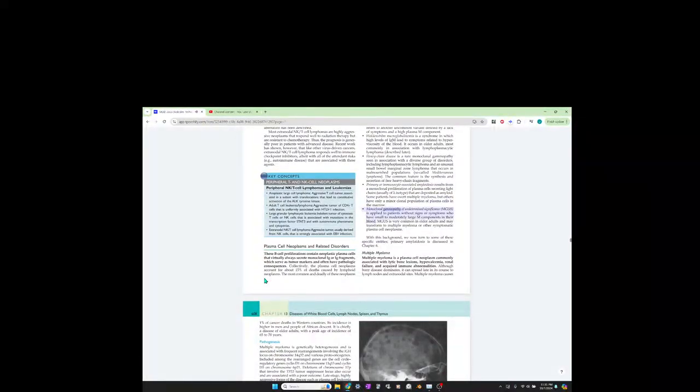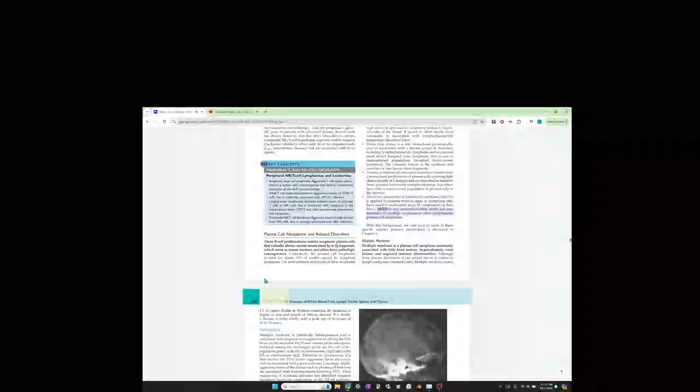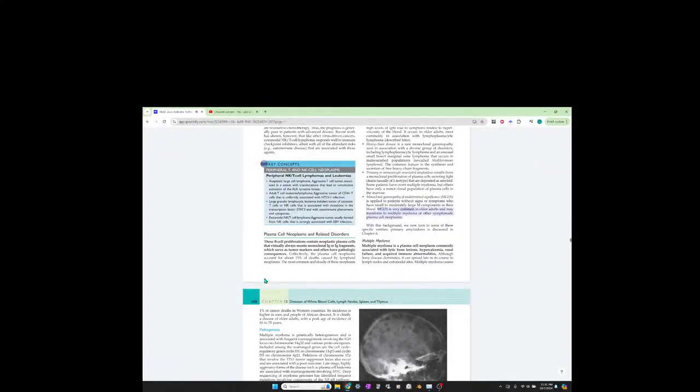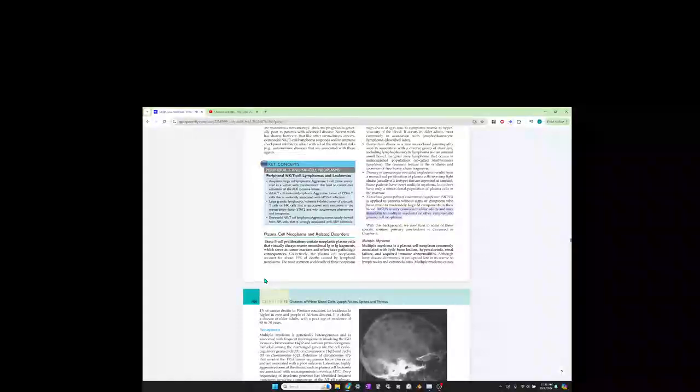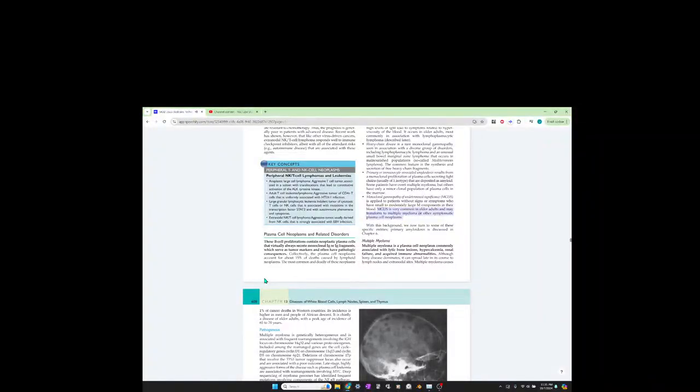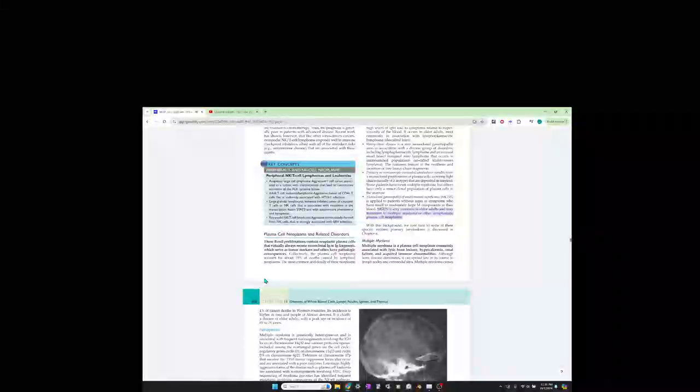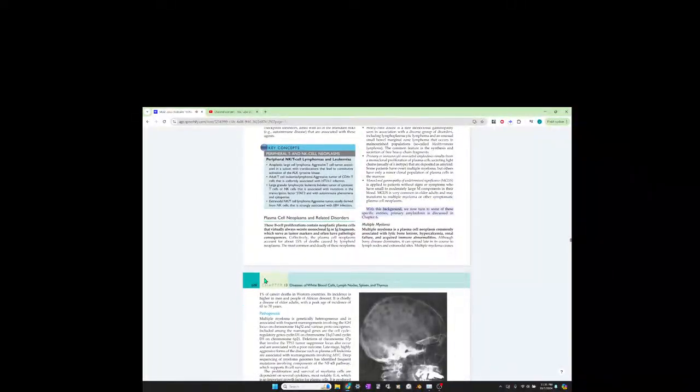Monoclonal gammopathy of undetermined significance, or MGUS, is applied to patients without signs or symptoms who have small to moderately large M components in their blood. MGUS is very common in older adults and may transform to multiple myeloma or other symptomatic plasma cell neoplasms. With this background, we now turn to some of these specific entities. Primary amyloidosis is discussed in Chapter 6.